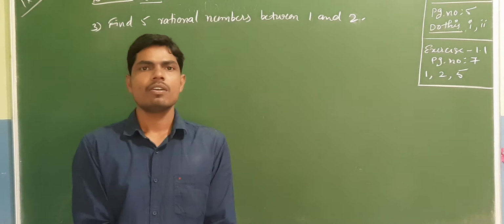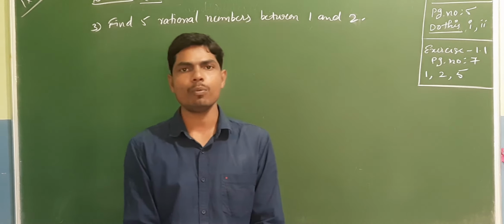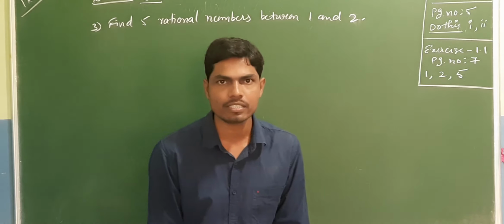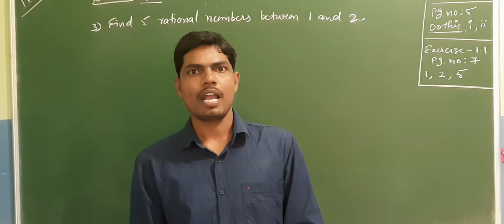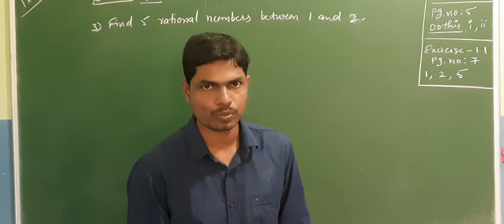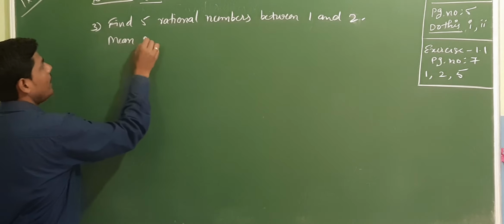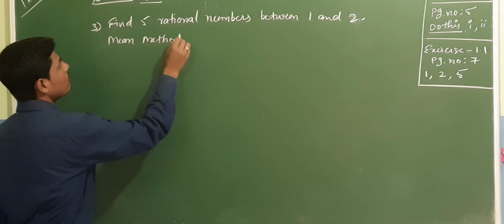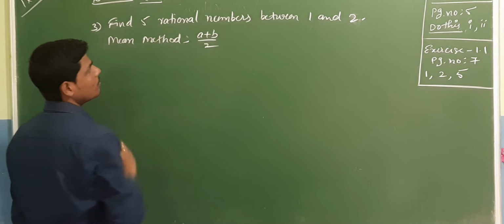So by the mean method we will take. Already we have discussed how to do the mean method. The mean method formula is what? If A and B are 2 rational numbers, the rational number in between is (A plus B) by 2. So the mean method formula is (A plus B) by 2.